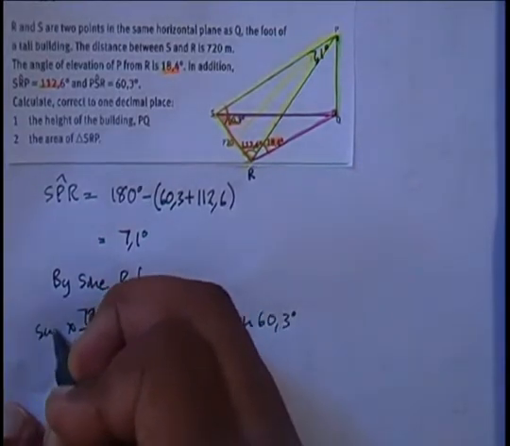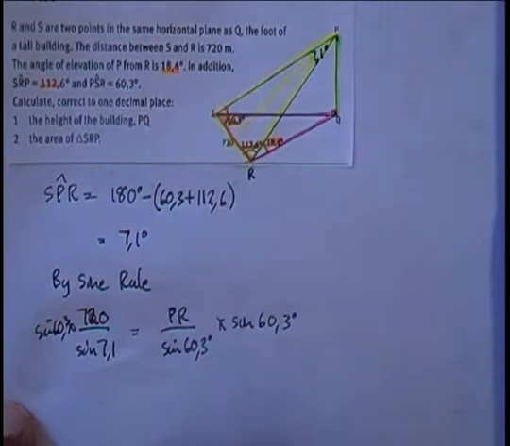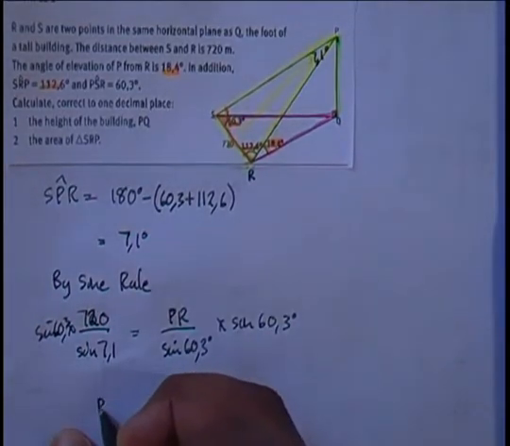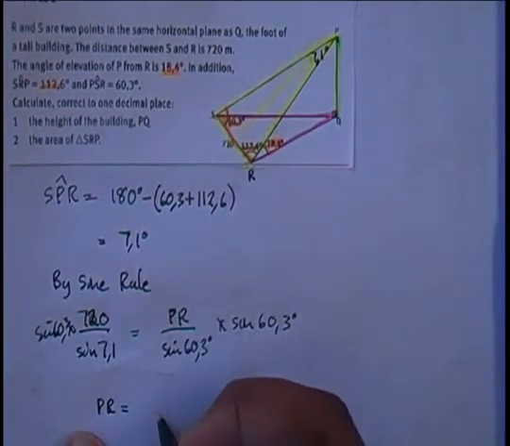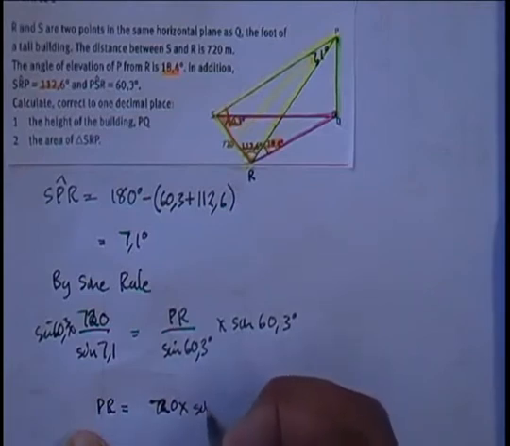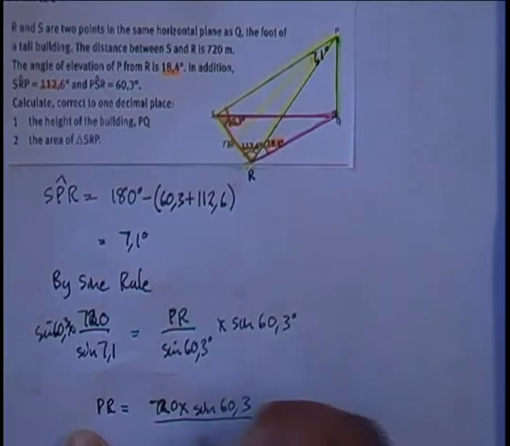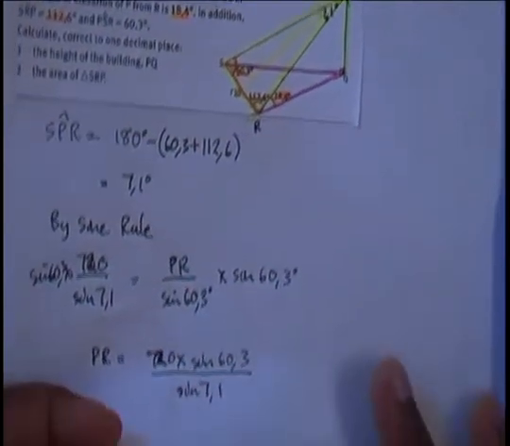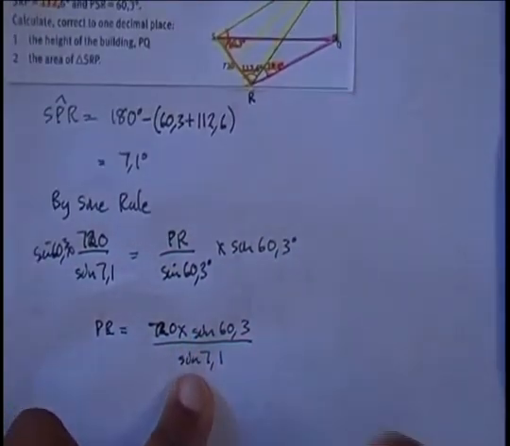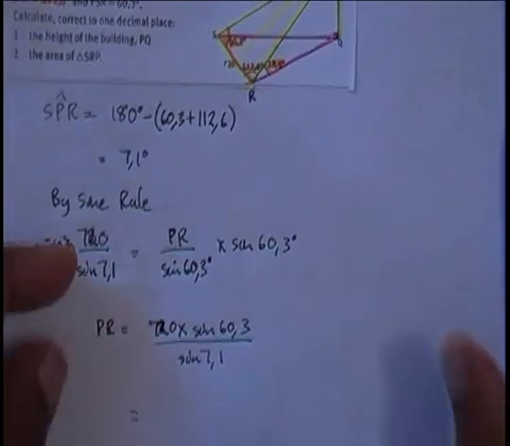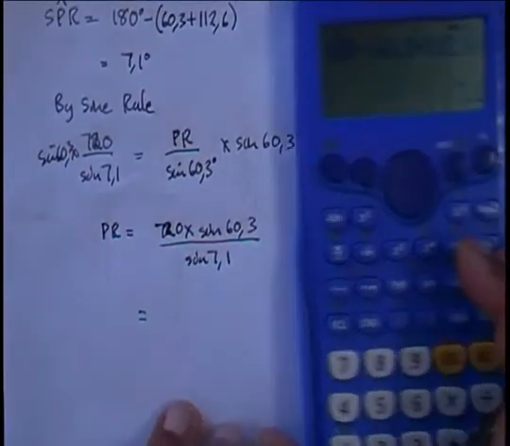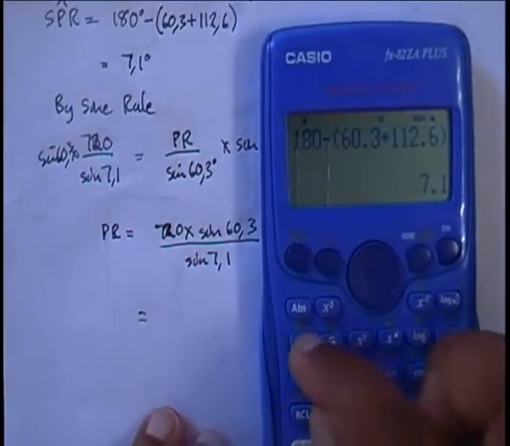So what that means is that PR is equal to 720 times sine of 60.3 divided by the sine of 7.1. Okay, like that, right?